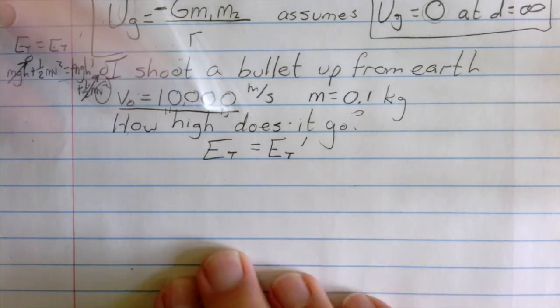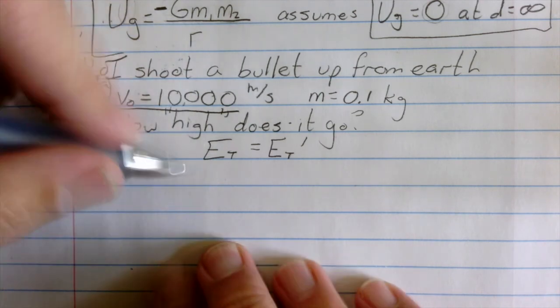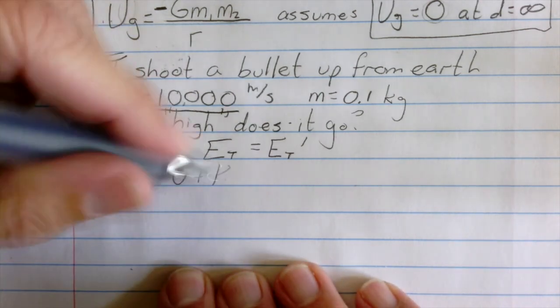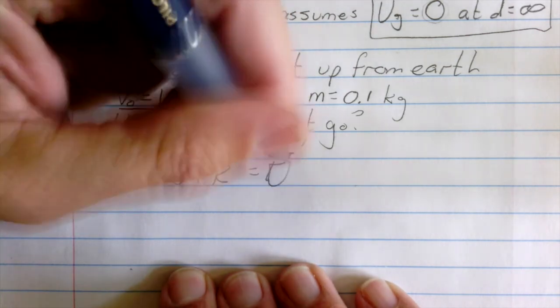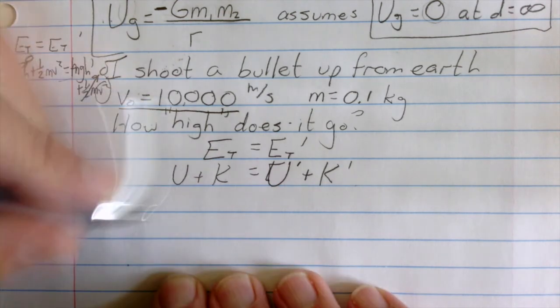Okay, so when we say how high does it go, that's really the altitude, but you'll see what happens here. So potential plus kinetic equals potential prime plus kinetic prime. Not mgh anymore.